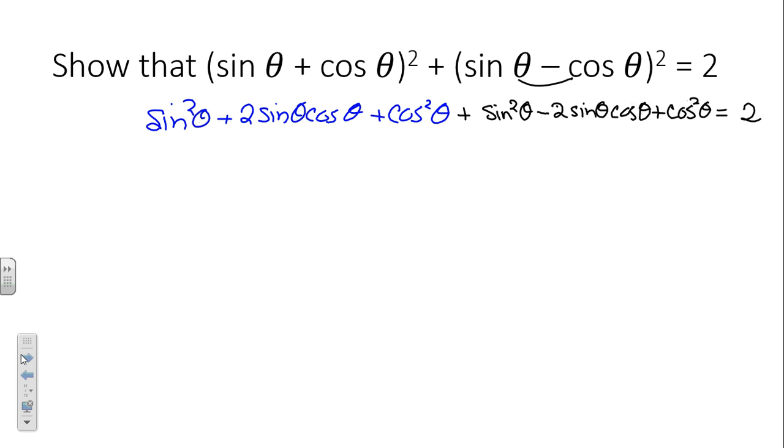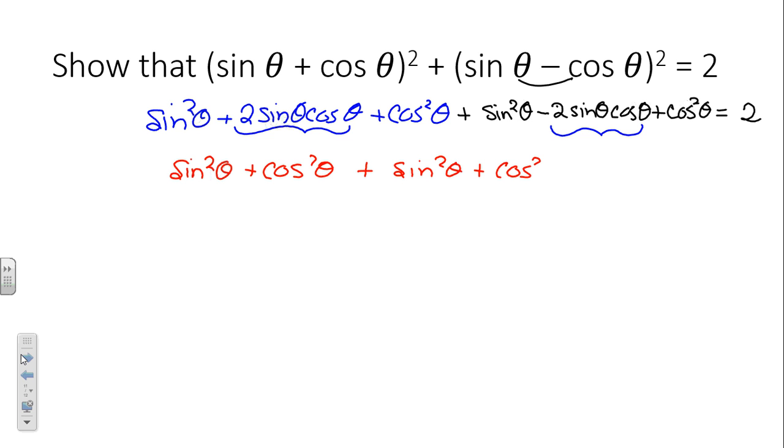We have a positive 2 sine cosine. We have a negative 2 sine theta cosine theta. They disappear, right? They're 0. So now we have a sine squared of theta plus a cosine squared theta plus another sine squared theta plus another cosine squared theta equals 2.